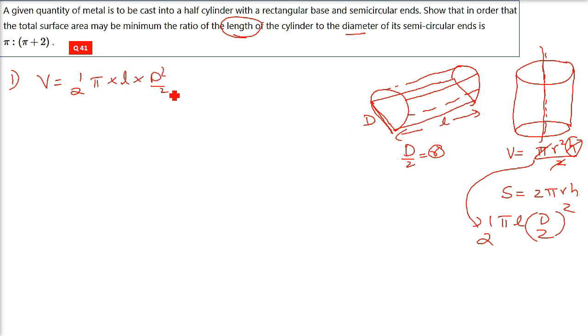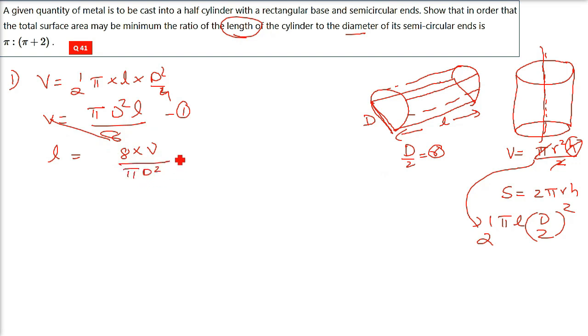D square by 4 you will write because it is the square of d by 2. Now I am just resolving it. 8 will be in the denominator, pi into L into d square will be in the numerator. V equals pi d square L by 8. This is your first equation. You will find L from here. L is 8 into V, the volume, by pi d square.